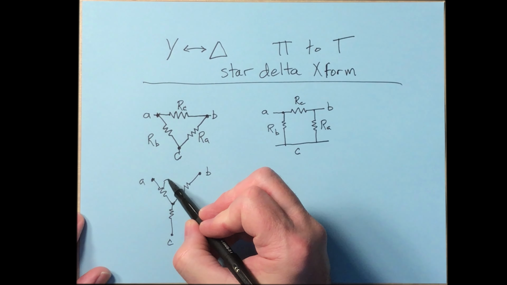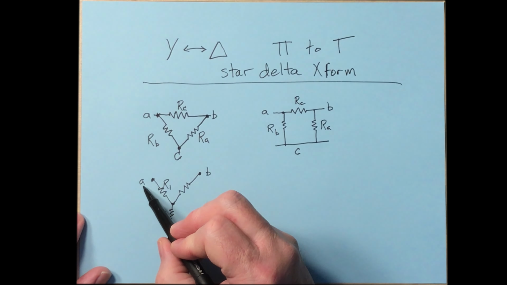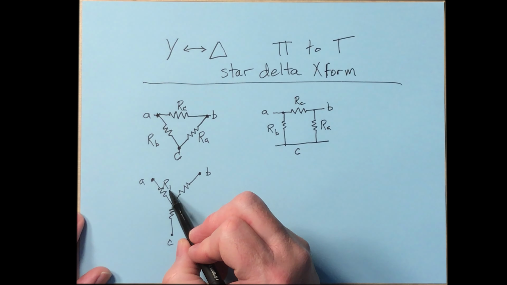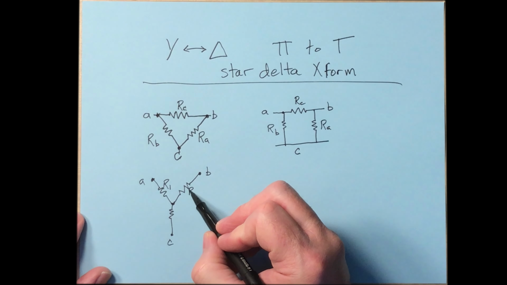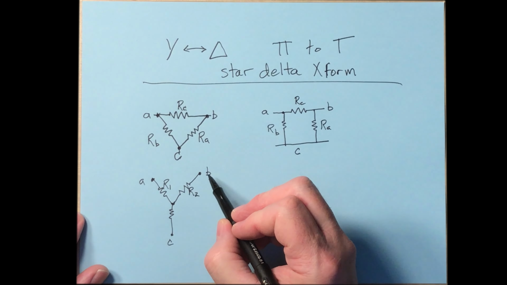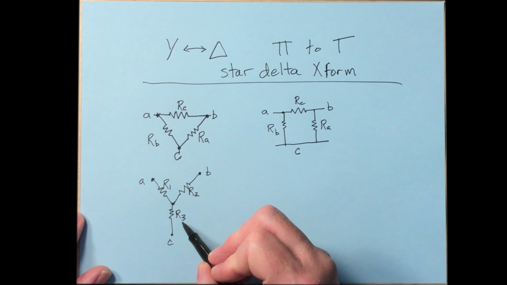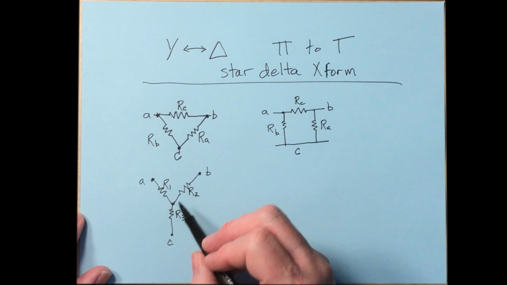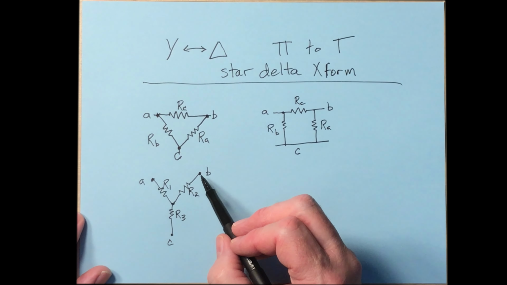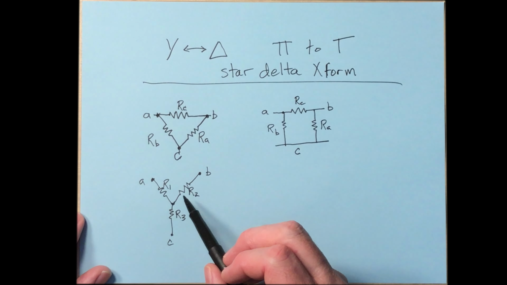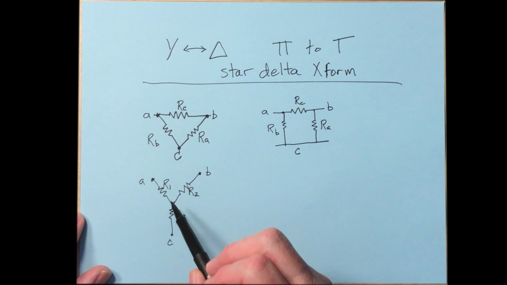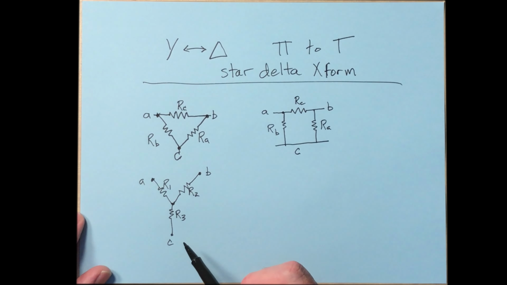So let's call this resistor 1. That's by the first letter of the alphabet. R1 goes with A. R2 then goes with B. And R3 then goes with C. Then once again, if you label your terminals A, B, and C like this, then R1, 2, and 3 must be in this order with this configuration.